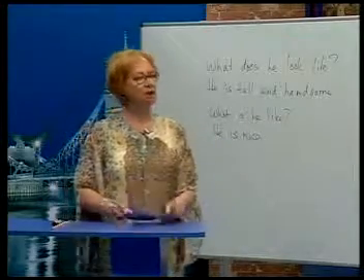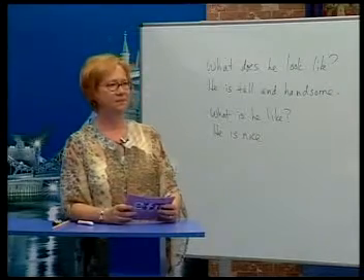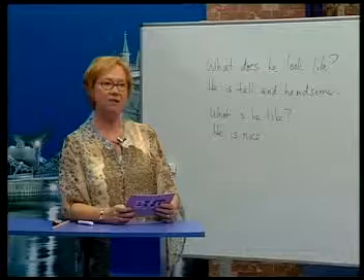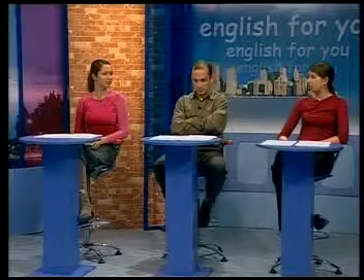Lisa, what does Ali look like? Okay. He has short brown hair. He is handsome. He has blue eyes. And what is he like? He is quiet but nice. Okay. Isabel, what does Lisa look like? She is tall but pretty. She has long brown hair.